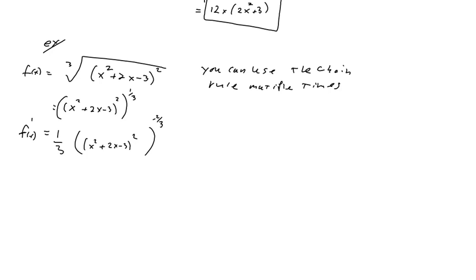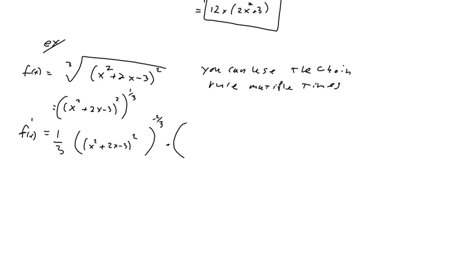So now I'm going to do the derivative of this one. But here we also have another chain rule. So the derivative of the inside is going to be the derivative of the outside of the inside, the squared part, times the derivative of the inside part, right? So I'm layering my chain rule.